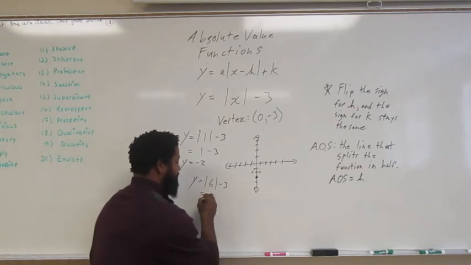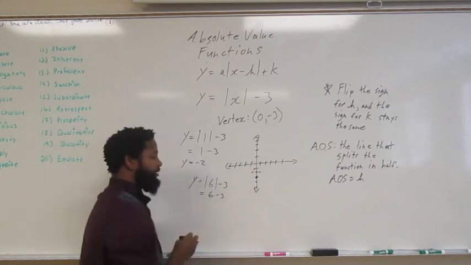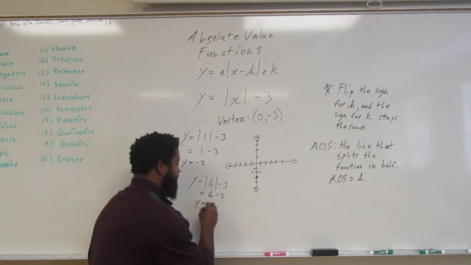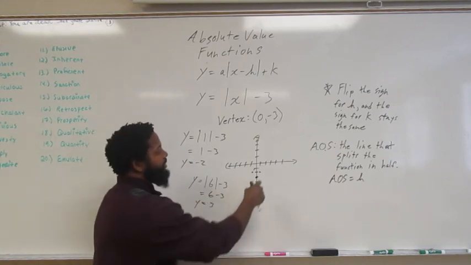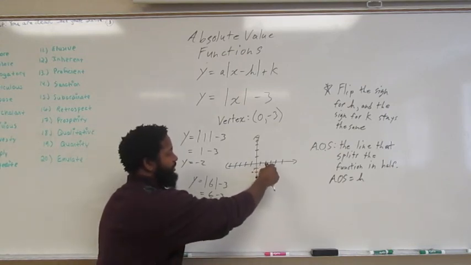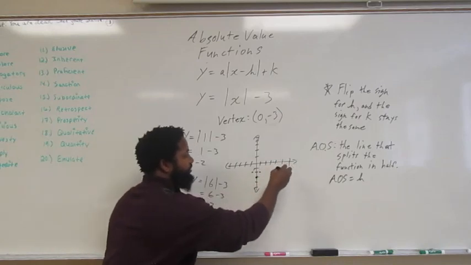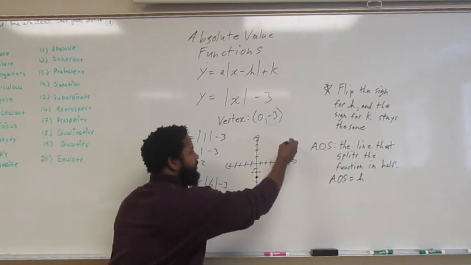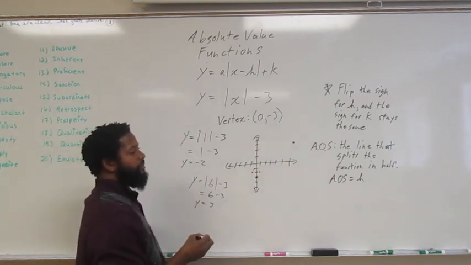Minus 3 is what? 3. So y is equal to 3. So therefore, if we have 1, 2, 3, 4, 5, 6, and then we have the 3 right here, we have it coming all the way out like that.